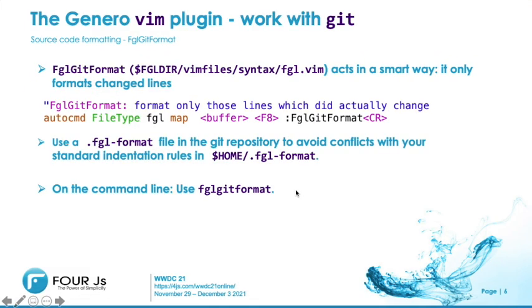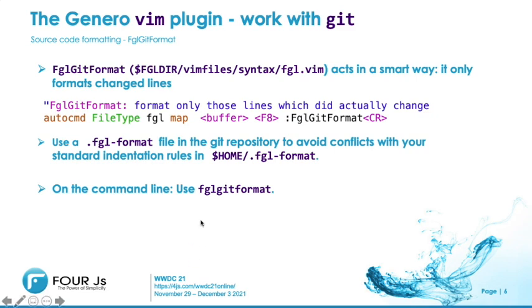If you are working with Git and you use FGL-comp to format the source code, and you want all source code in the Git repository to always be properly formatted, then FGL Git format is a very nice VimScript function, helping you to format only those lines which have actually changed in your editor.